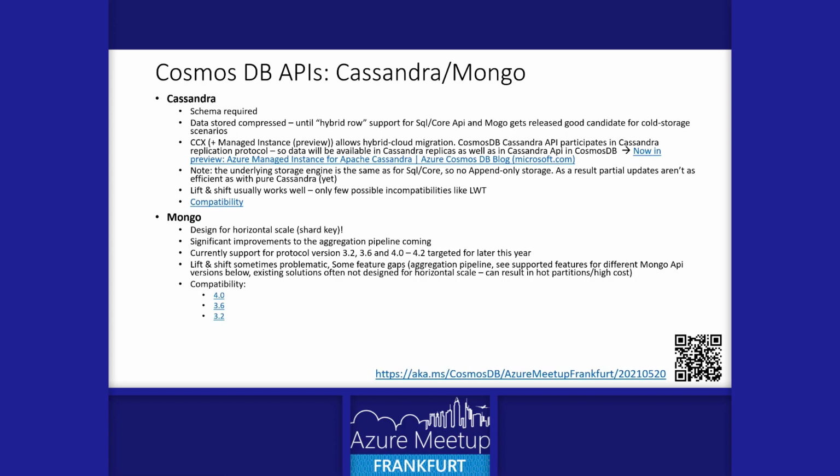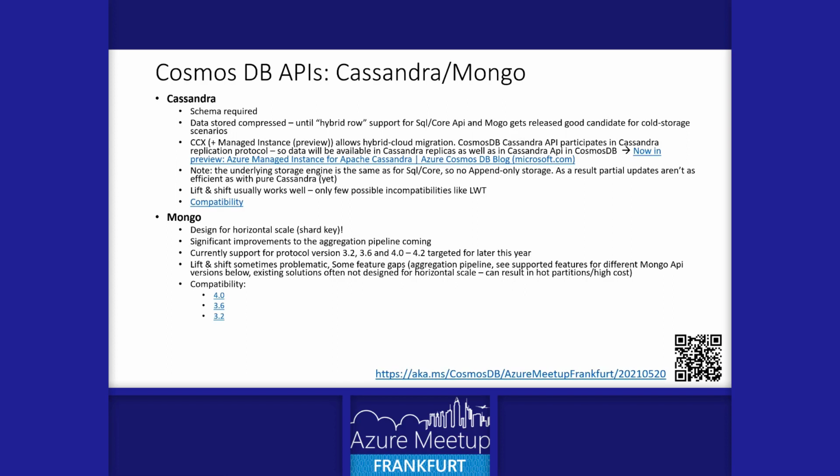Mongo, like I mentioned, is a pretty huge contributor to our user base as well as the revenue. We have added Mongo versions up to 4.0 right now. Native Mongo has later versions like 4.2, for example, but the latest version that we have right now is 4.0.